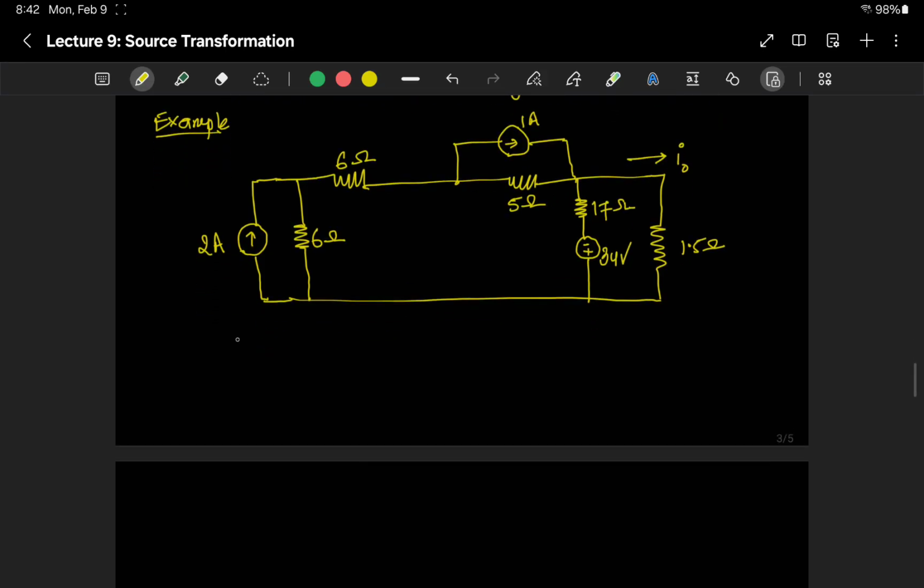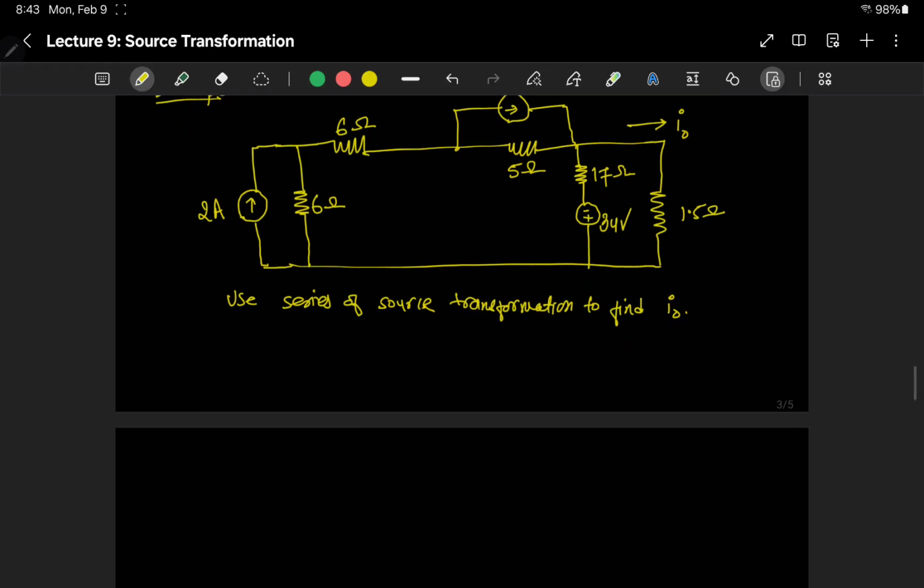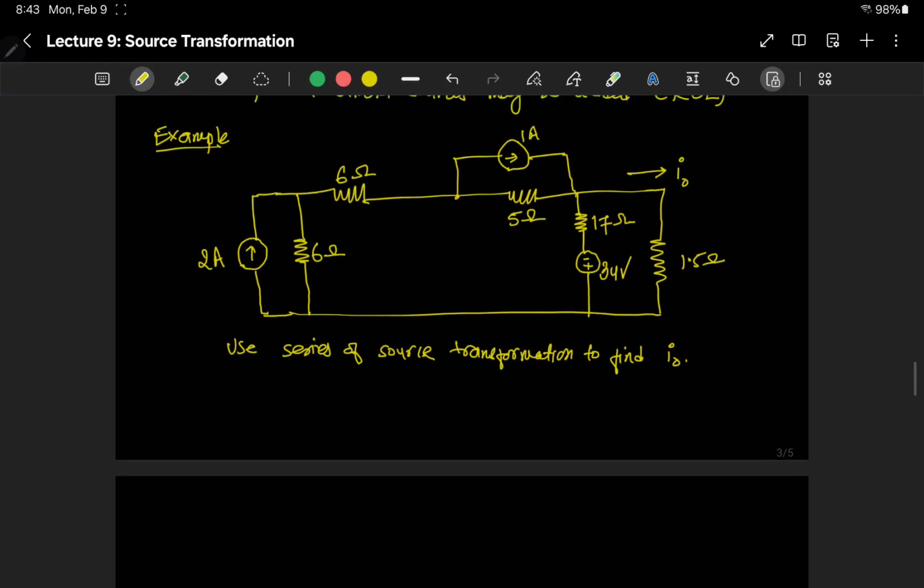Okay, so the question is, use a series of source transformations to find I0. Okay, now looking into this, we have a practical voltage source and practical current sources, right?